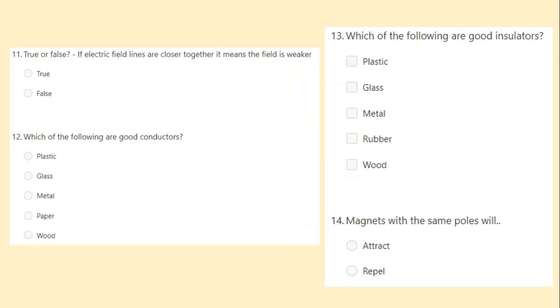Here we have questions 11 to 14. Question 11 is a true or false. If electric field lines are closer together, it means the field is weaker. Is that true or false?